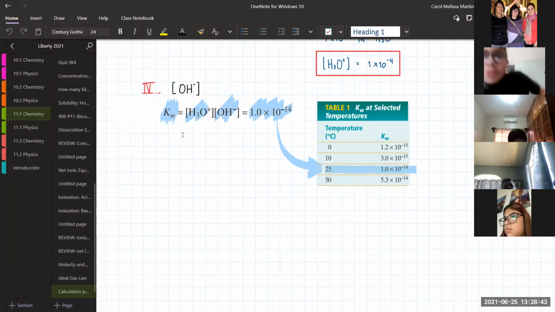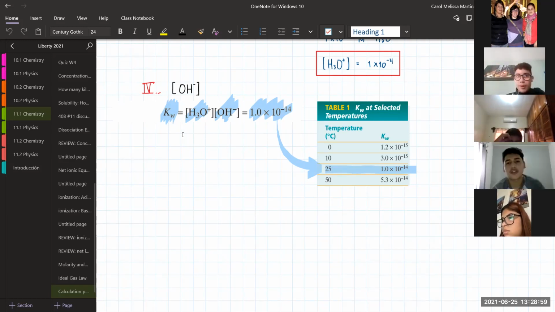Does the 25 degrees tell you something or remind you of something? Exactly, it is the room temperature. 25 degrees Celsius is known as the room temperature. It's like the ideal temperature for things to happen.